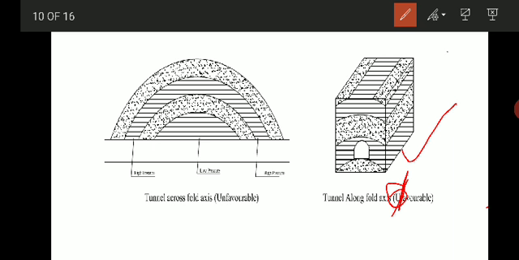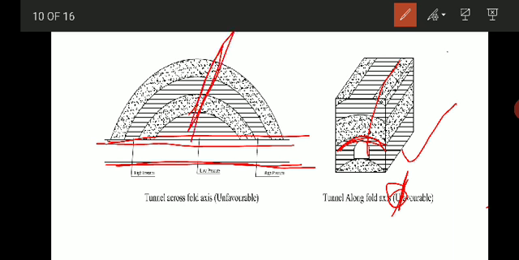If you see here, it is like a natural arc action, whereas here is the tunnel running along the fold axis. For this tunnel, this is the fold axis. So this tunnel is running across the fold axis, and this one is running parallel to the fold axis.